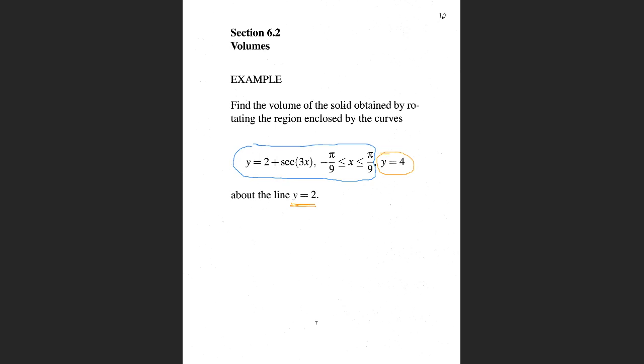And what's the first thing that we need to do to solve this problem? Graph. We have to do a graph. That's right, Jacob. That's right, Renat. We have to graph it. Now, the secant of 3x. So we could use the TI calculator.